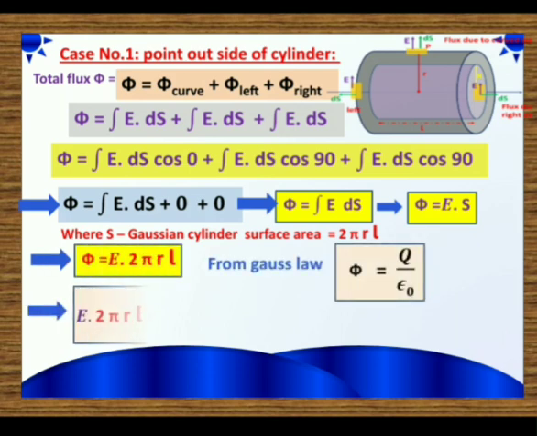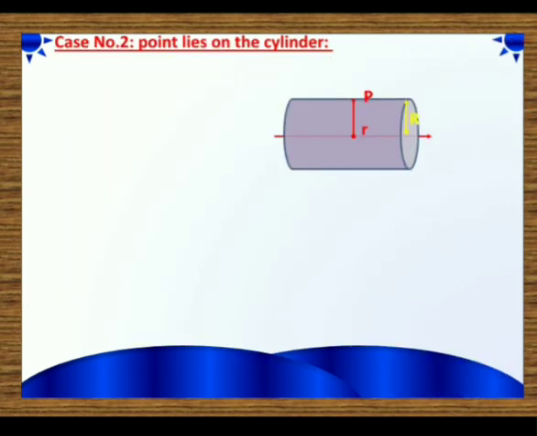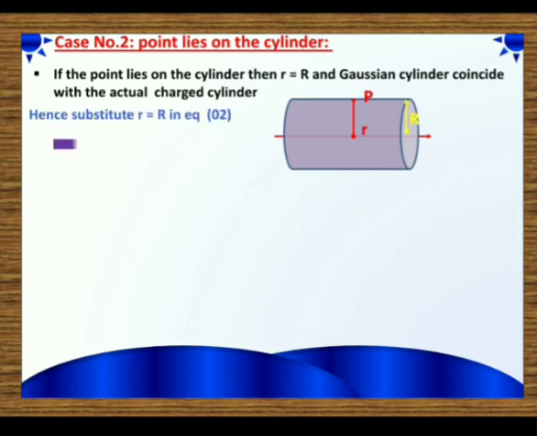I have to equate these two, then I will get E is equal to 1 by 2 pi epsilon naught lambda by r. Similarly case 2, small r becomes capital R now. I just have to replace small r with capital R in the final equation, and I will get 1 by 2 pi epsilon naught lambda by r.